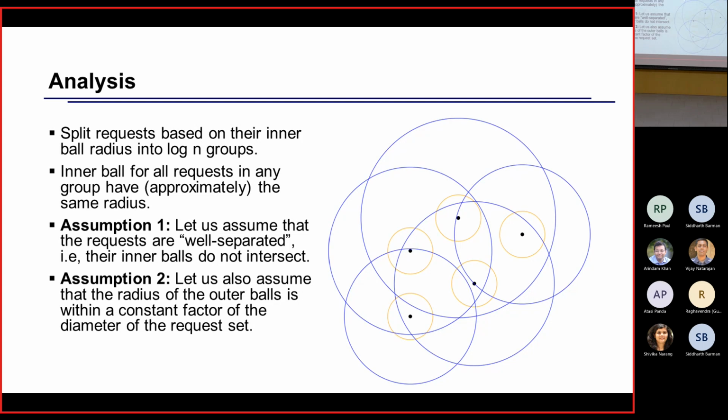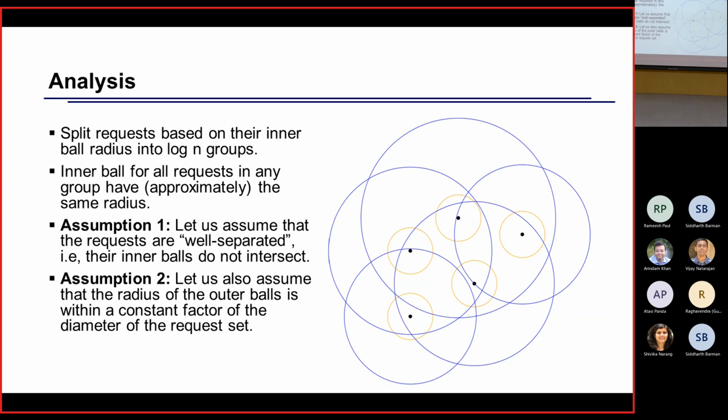This way you can partition them into log n groups. So intuitively, for you to understand the analysis, just think of these inner balls as having roughly the same radii, because we're just going to analyze one group. And then eventually the log n term shows up in the competitive ratio because you add up across all groups. So for simplicity, just assume that these inner radii are all the same for now. Outer radii, of course, can be very different.